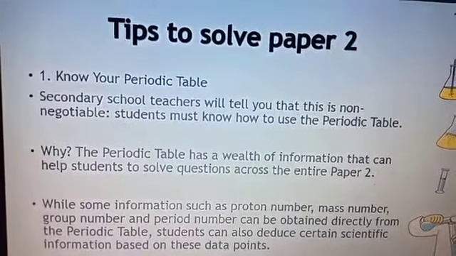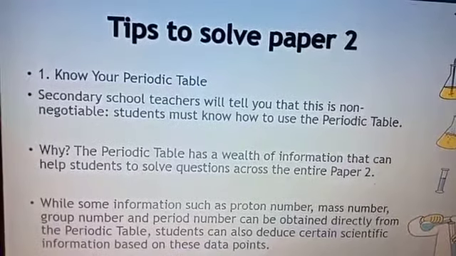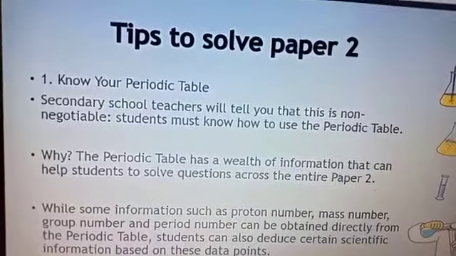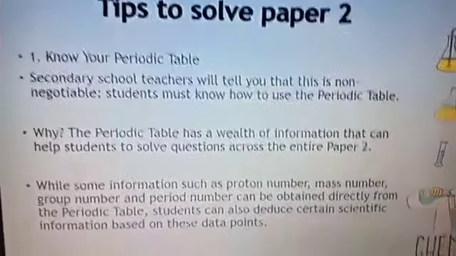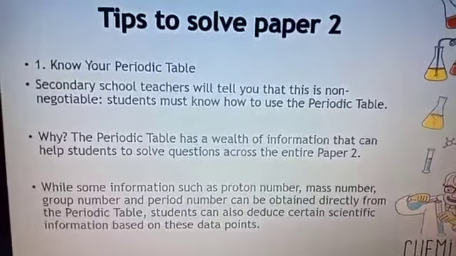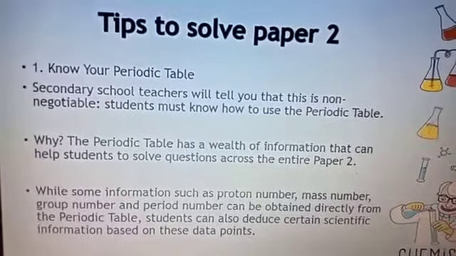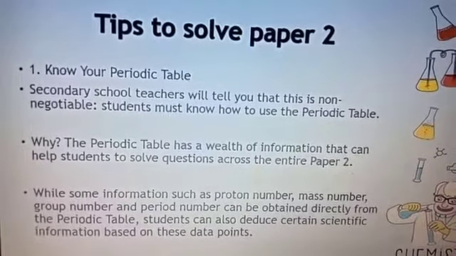Now we will discuss paper 2. Know your periodic table. You must know your periodic table. You must know how to use that periodic table, because the periodic table is wealth of information that can help the student across the entire paper 2.